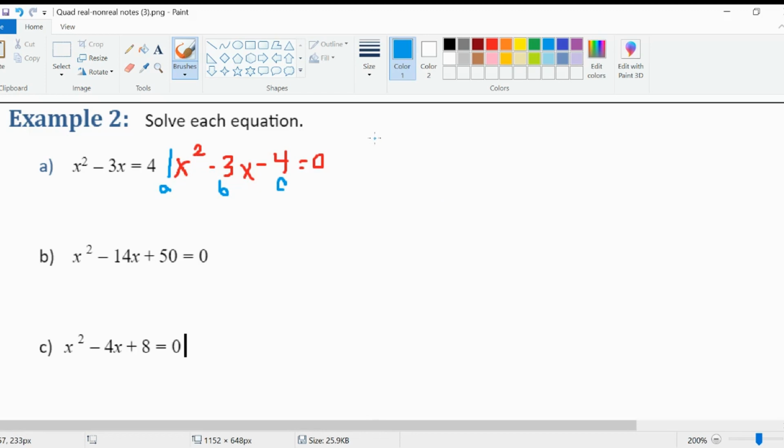So x is going to equal my opposite of b. So if my b is -3, the opposite of b is going to be 3, plus or minus the square root of b squared. So b is -3, so I'm going to put that back in, -3 squared, minus 4ac.